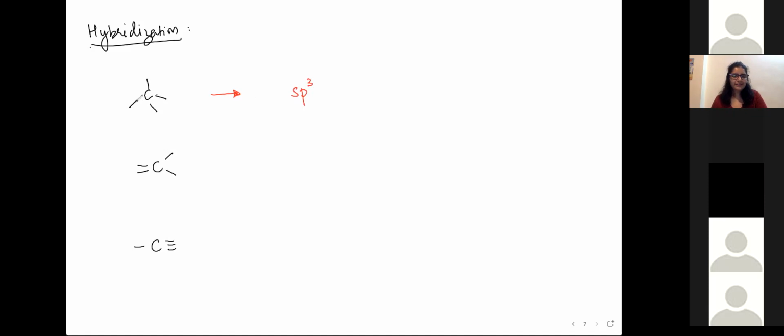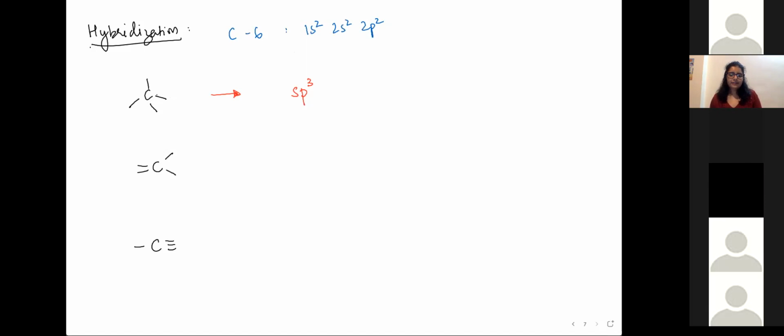So when carbon needs to have 4 single bonds, see, carbon atomic number is 6, electronic configuration is 1s2, 2s2, 2p2, right? So s orbital is complete, p orbital is incomplete with just 2 electrons. So when it forms 4 bonds, it needs 4 different orbitals. So it's going to be sp3 hybridized.